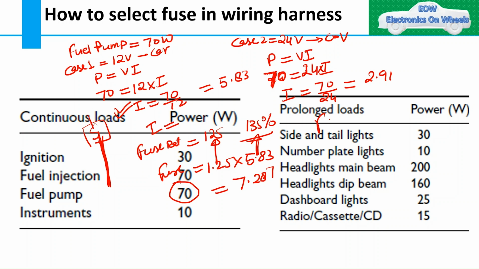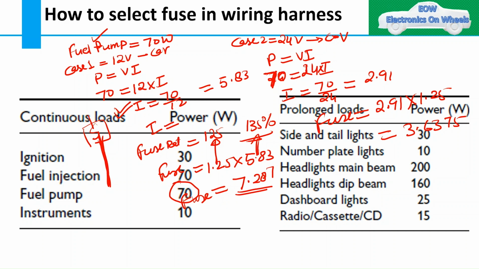Similarly here also we will see the fuse rating. 2.91 into 1.25 will come around 3.6375, correct? So in the 12 volt system, the same fuel pump requires a fuse of 7.28 amps.